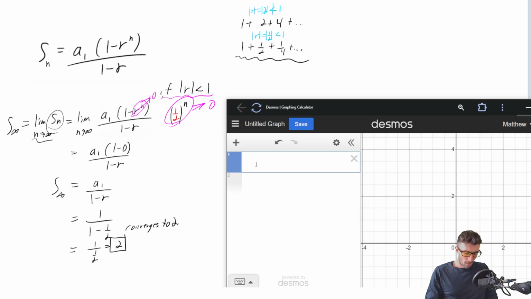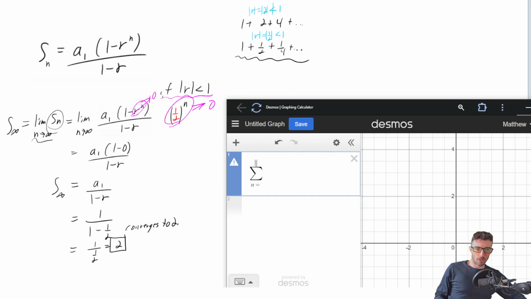And you can use sigma notation. Let's say you want to do it on Desmos. Well, then you just type in SUM, and it starts with sigma notation. And we're going to do the sum from 1 to, let's say we just want to do only maybe the first 3 terms. We'll raise that number gradually.